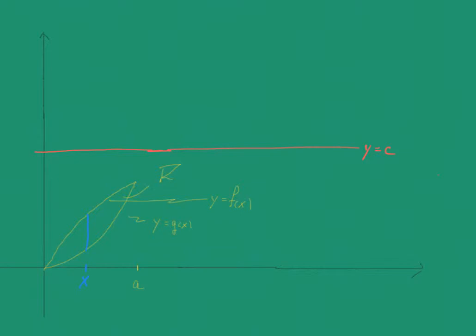Well, to see that, I'm just going to draw the reflection of this line segment and the line y equals c. What do we have? We'll get something like this. And when we rotate this line segment about y equals c, what are we going to do?